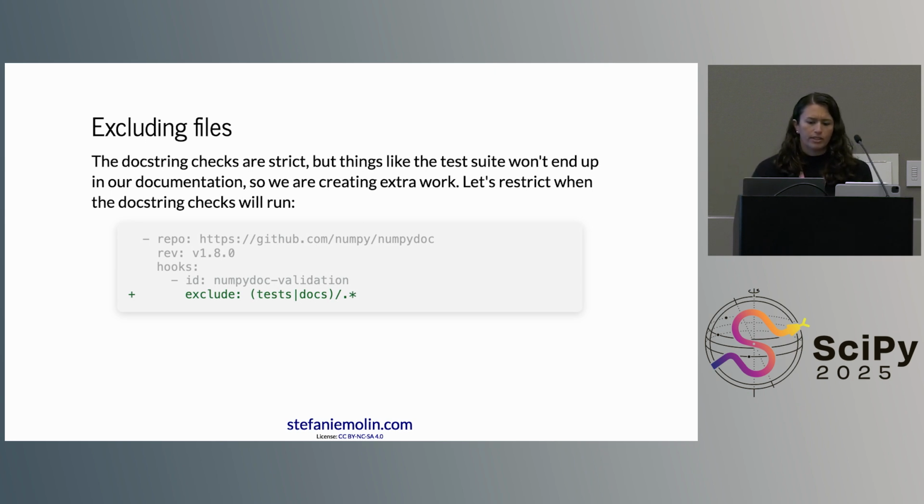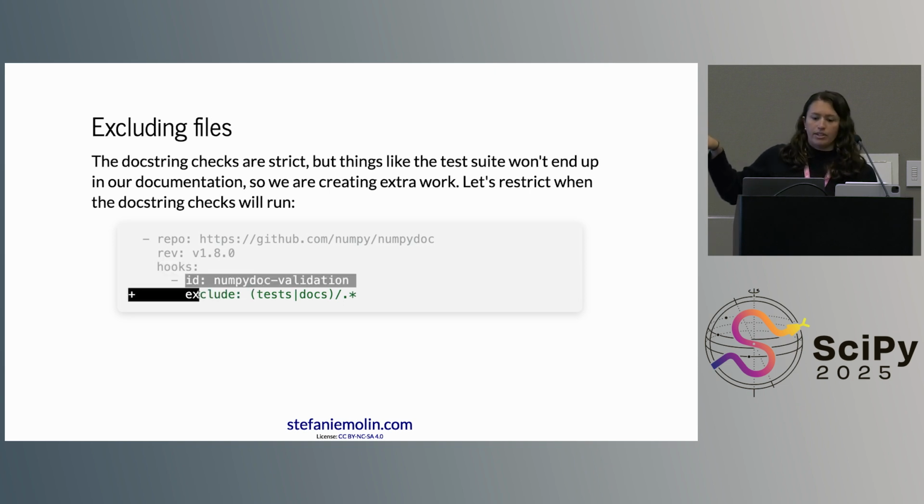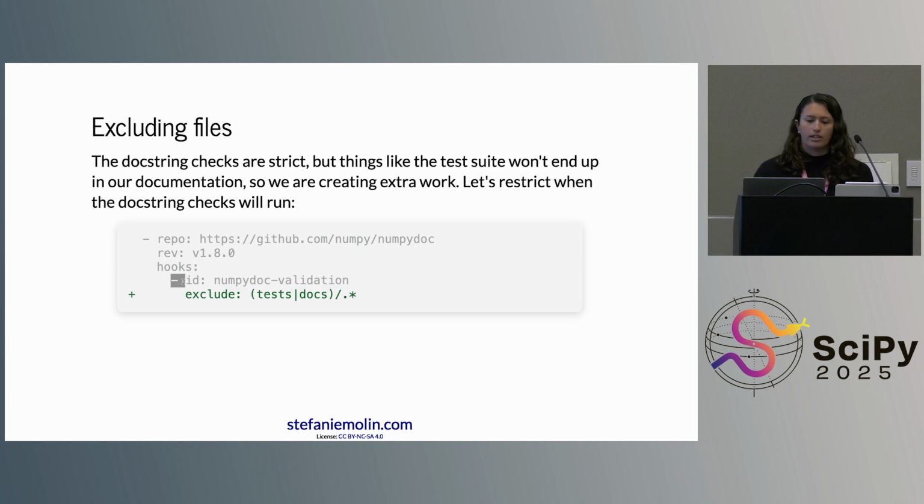And so the way this works is there's an exclude field that you can provide inside of the hook, right? So hooks has a list of hooks, and everything under this little bit here belongs to that particular hook. So numpy.validation, we will have exclude logic, and this has to be a regular expression.